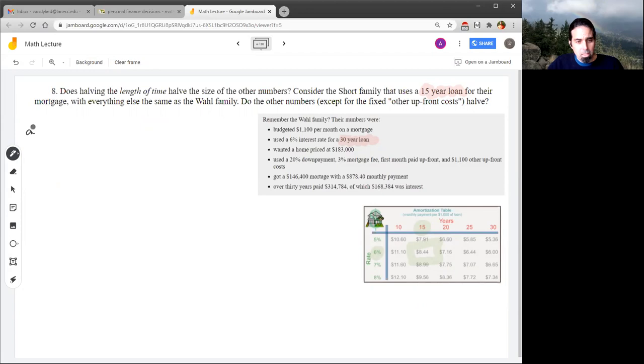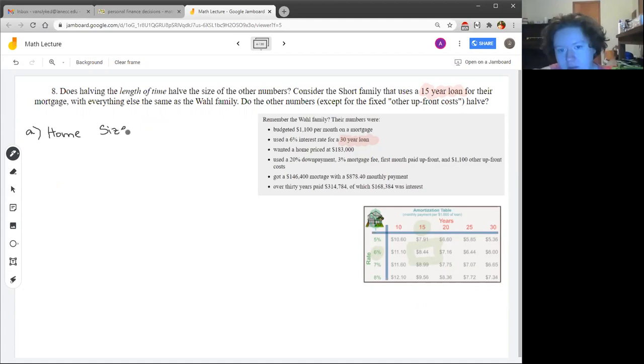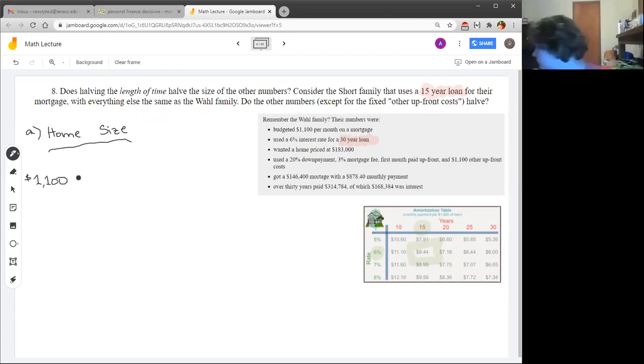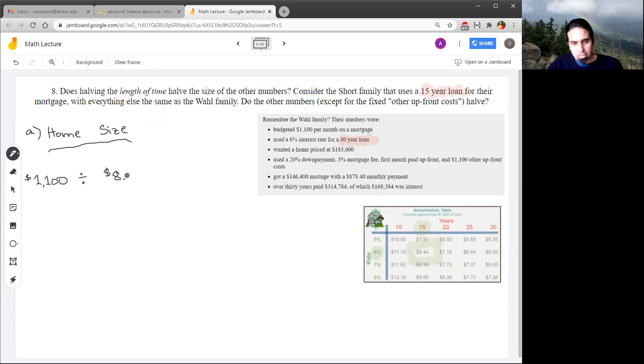So part A, what home size are they looking for? They want to budget 1,100. Every time they pay $8.44, they can have $1,000 of home size.